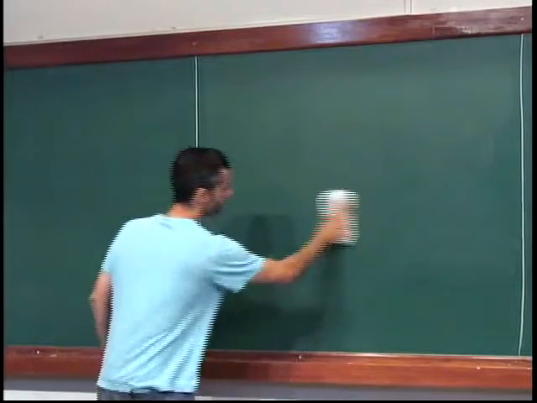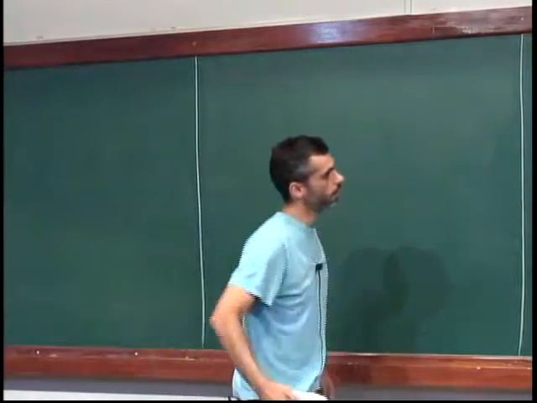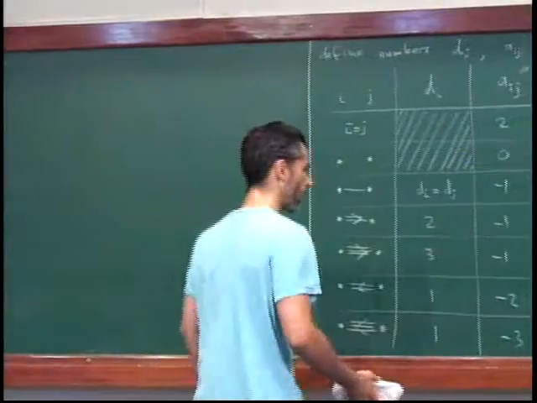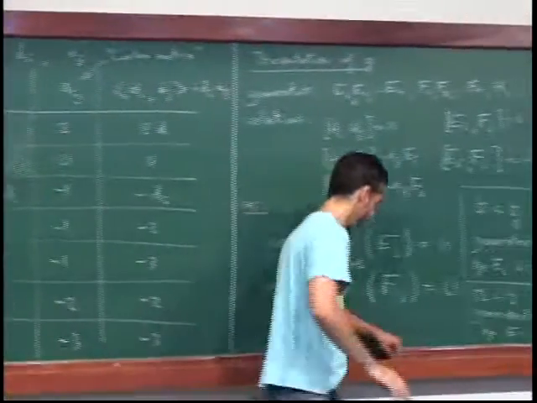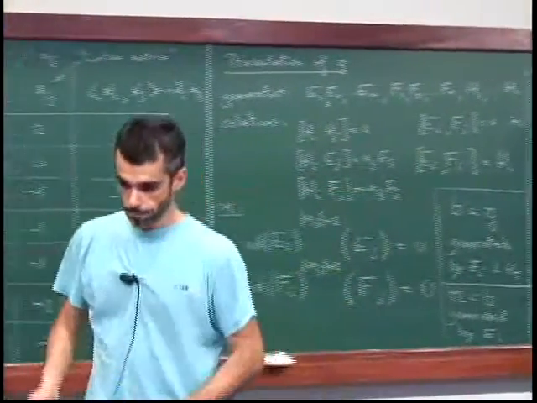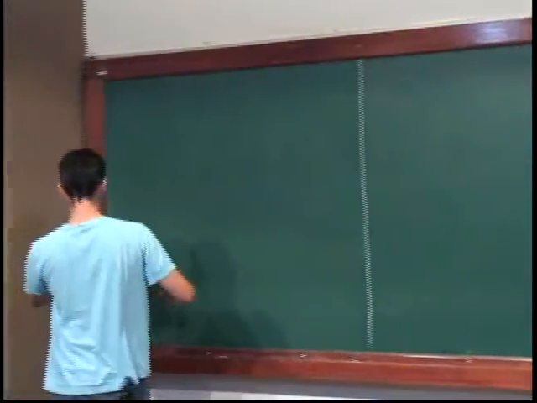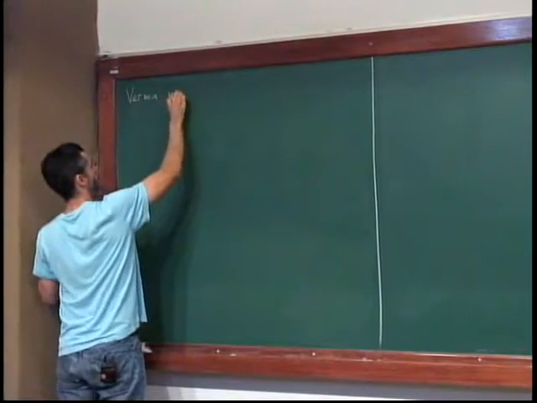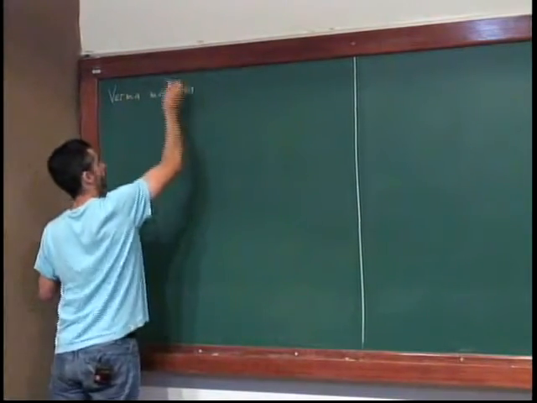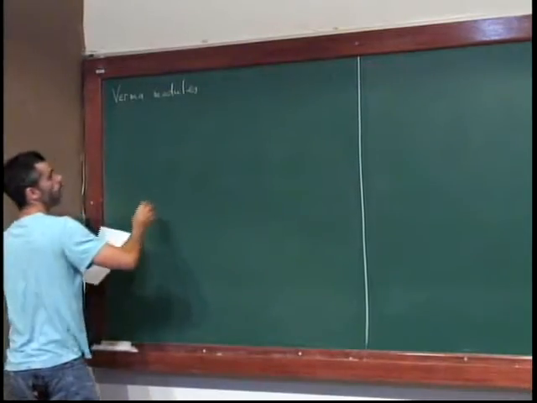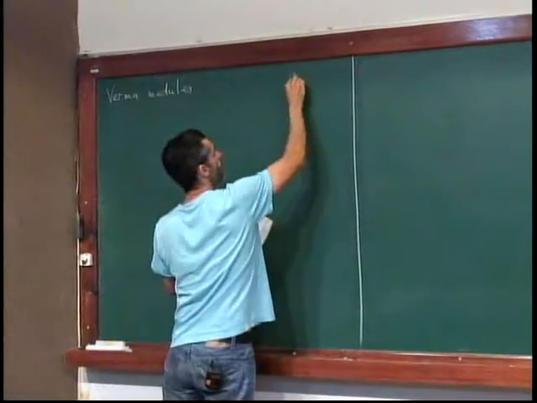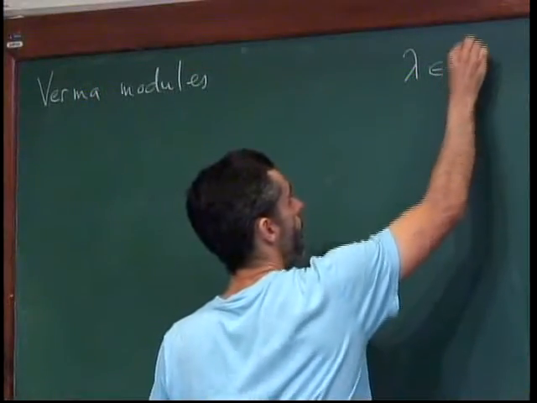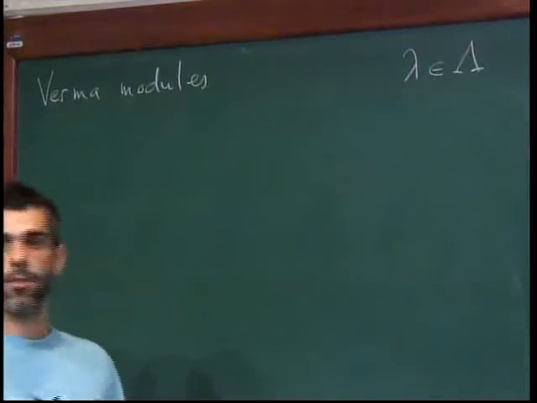These infinite dimensional representations that I'll construct are the so-called Verma modules. They're defined as follows. You fix an element in the weight lattice.